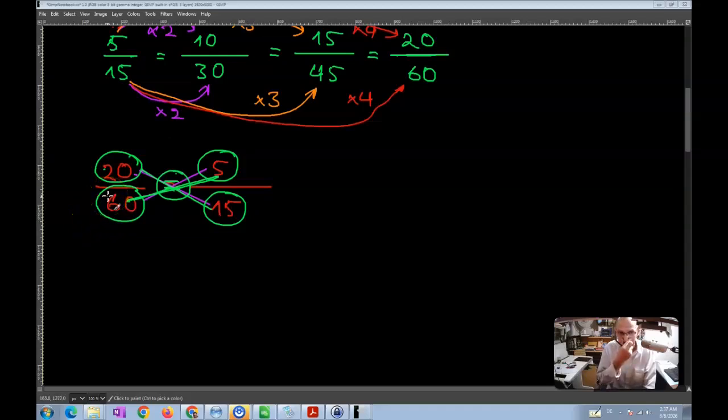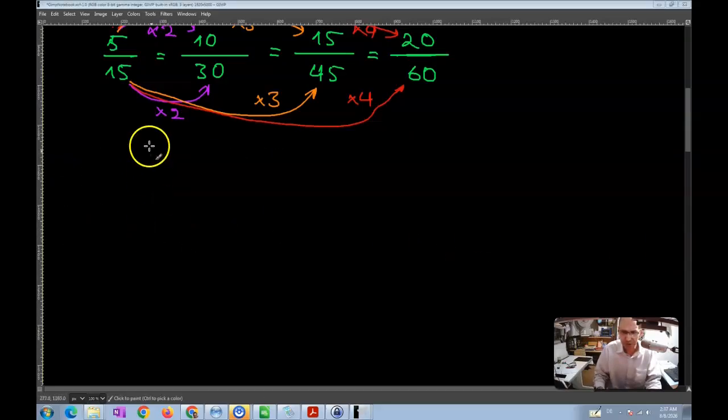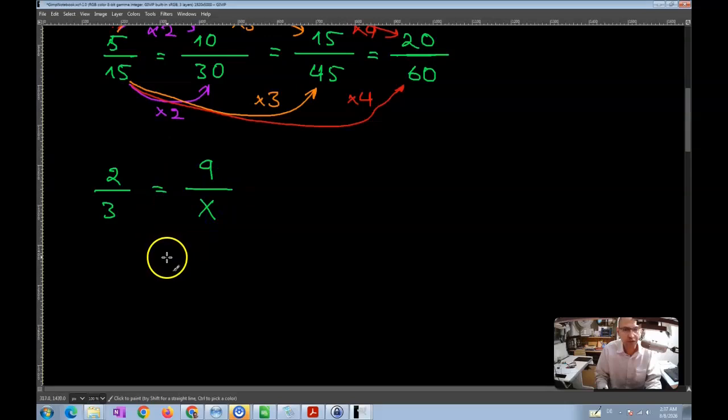And the reason I'm mentioning this is that sometimes you have some calculation, for example you're trying to solve an equation, and you have something like 2/3 is equal to 9 over x, and you want to calculate the value of x.